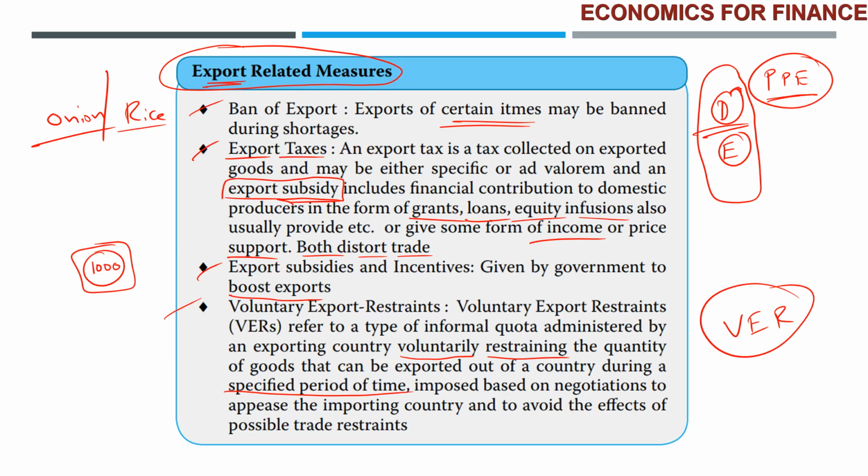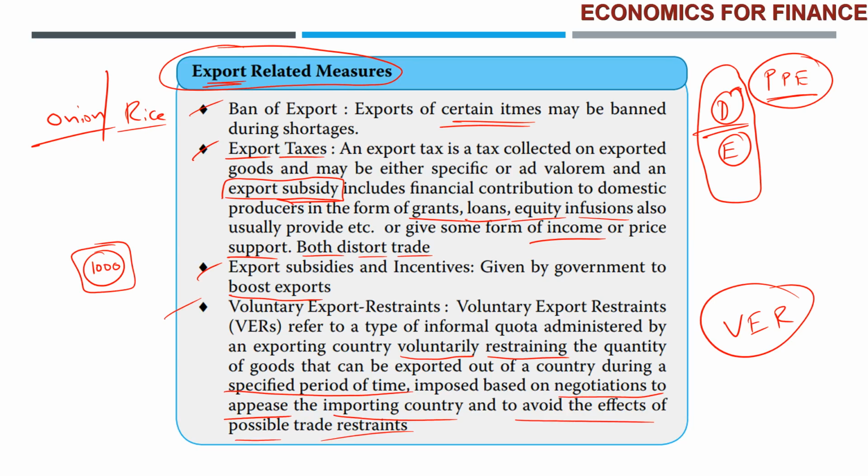It is not banning, but it is putting a restraint on the quantity of goods that can be exported during a particular period. This will not be infinite, it is for a specified period of time. Usually this is imposed based on negotiations, to appease, meaning just to give the importing country, the other side, a little bit of happiness, and avoid the effects of possible trade restraints.